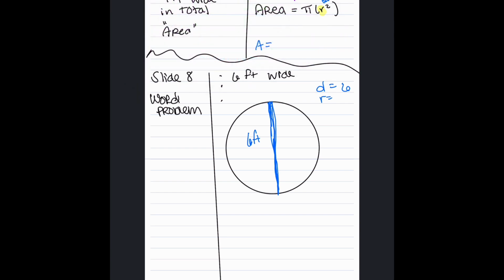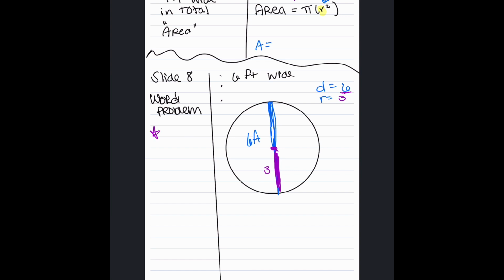So even though the problem doesn't tell us what the radius is, the radius is always half of the diameter. So whatever half of 6 is, which is 3. Remember, half is the same thing as dividing by 2. And you can write that little note to yourself as well if you'd like.